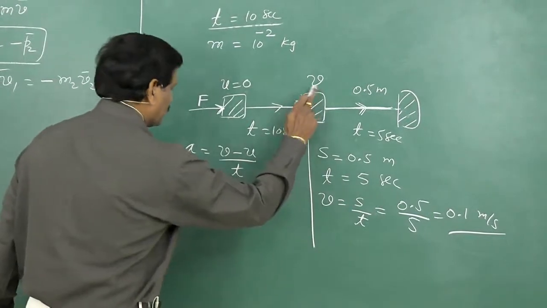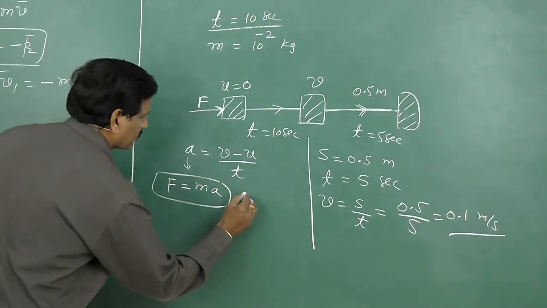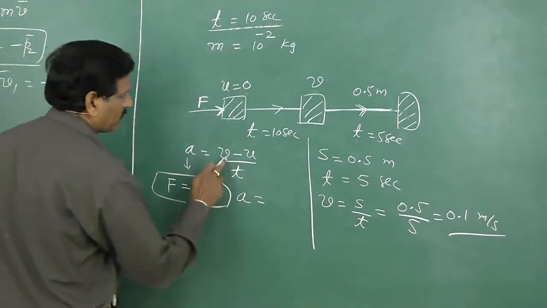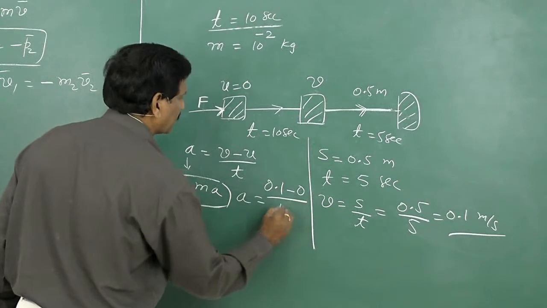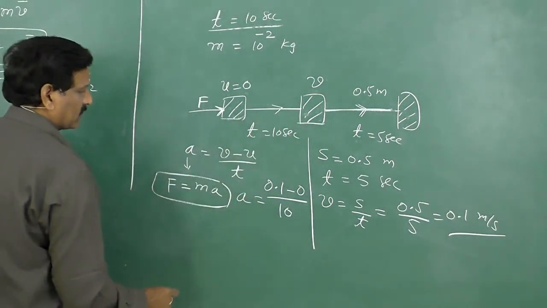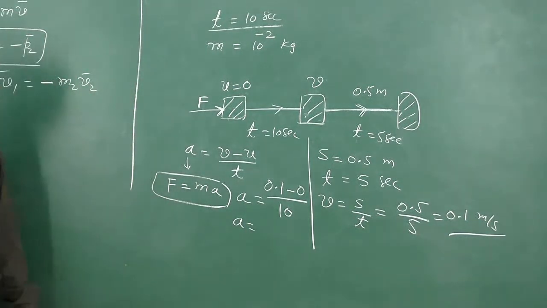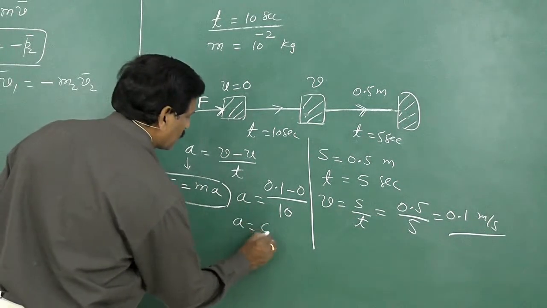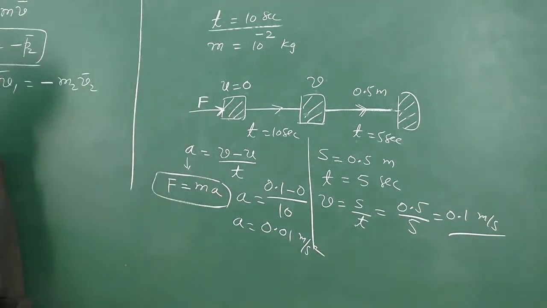Using this v, you calculate acceleration. So acceleration a is equal to (v minus u) by t, that is (0.1 minus 0) by 10. Here time is 10 for this journey. So a is equal to 0.01 meter per second square.